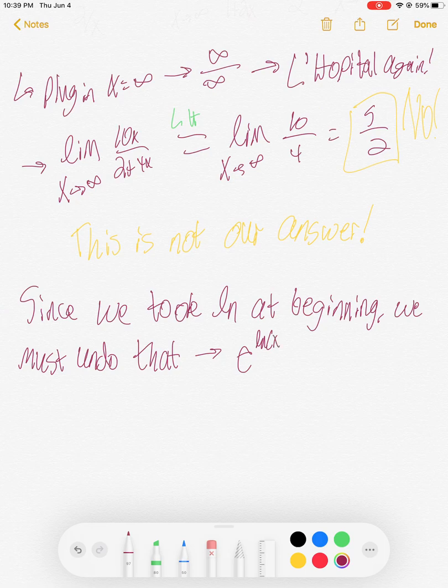And let me write out the identity that we're using. So remember that e to the ln of x is just x.